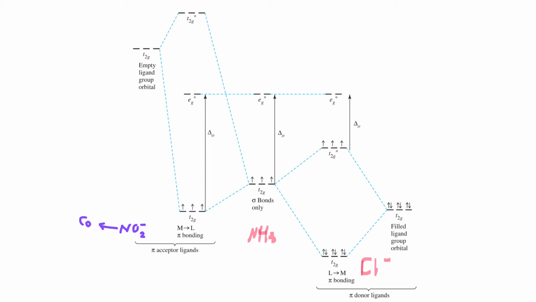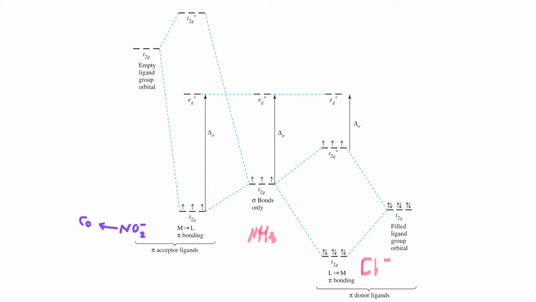And when you have a pi donor ligand like Cl minus, it shifts the t2g towards the eg star, and the delta becomes smaller. When you have a sigma donor pi acceptor ligand on the left, you lower the energy of the t2g, and the eg star stays the same. So the separation between t2g and eg star becomes larger, and delta becomes the largest of all.